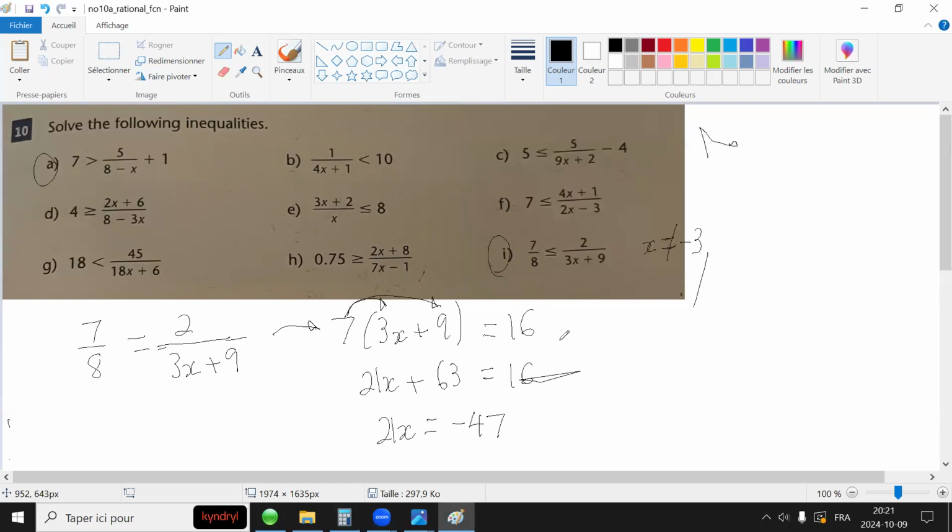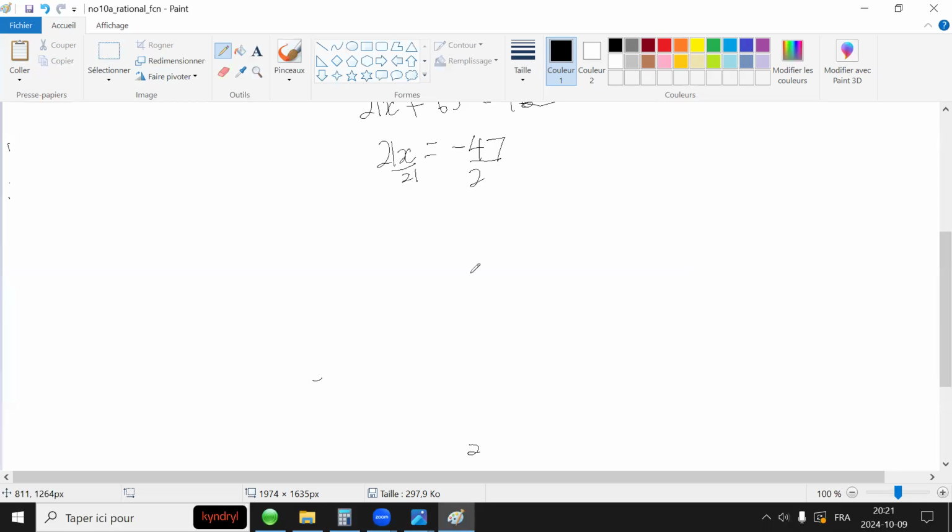So we end up dividing by 21 on each side, and it gives us x equals minus 47 over 21, which doesn't give me an exact number, but I can write it as minus 2 and 5 over 21. I don't need to do that, but if I want to, no problem.